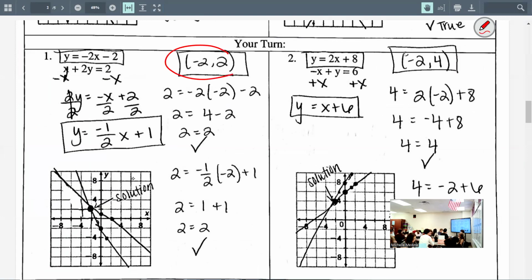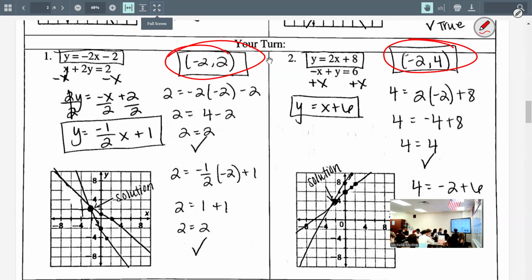So our coordinates are slightly different, but if you did it right, it intersects at -2, 2. For the second one, your coordinate solution where they intersect is -2, 4. Again, our coordinates look a little bit different because I made yours go up by 1, whereas mine is going up by 2. So I changed that for you.